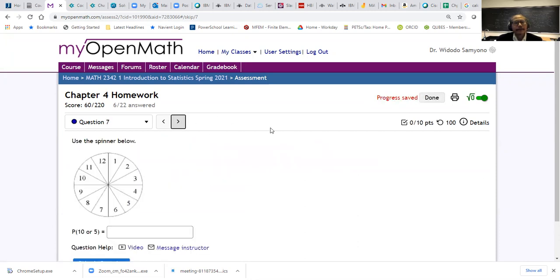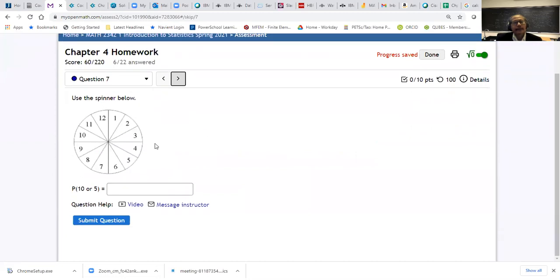Okay, so the next one. Now you use the addition rule, right? What is the probability of 10 or 5? And what happened on the wheel here are mutually exclusive, right? So that means the probability of 10 or 5 is the same as the probability of 10 plus the probability of 5. How many numbers on the wheel? 12, right? So the probability for one number on the wheel is 1 over 12.